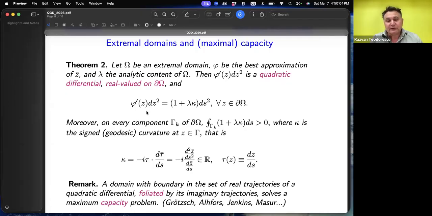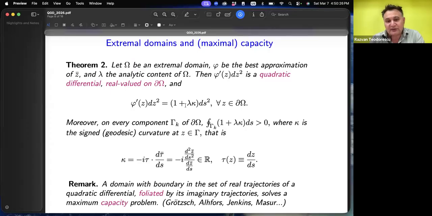And again, just to note, on the boundary component, in every one of them, the reduction of that quadratic differential happens to have a density that is constructed out of the only Riemannian geometry characteristics of a planar curve.